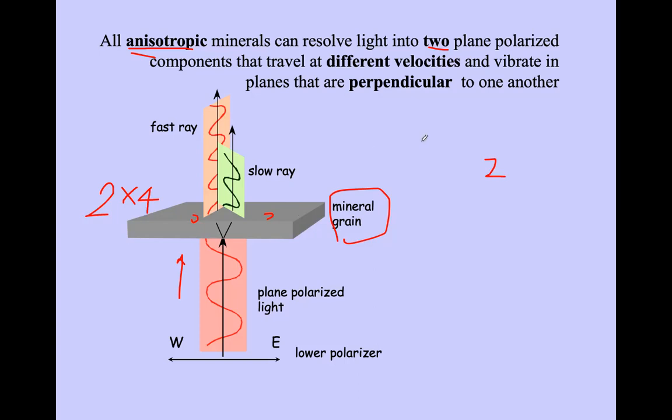Remember, these two splitting directions are always perpendicular to each other. So if one vibration direction is this way, the other vibration direction will be like this. The vibration planes are perpendicular to each other. Sorry, this is the vibration direction, not the traveling direction.